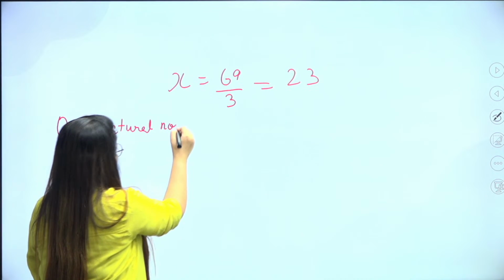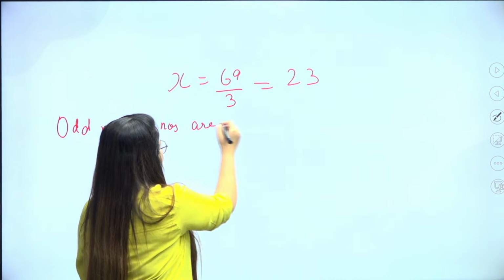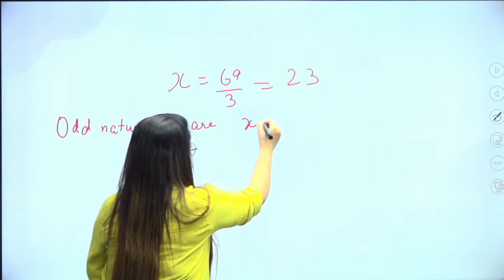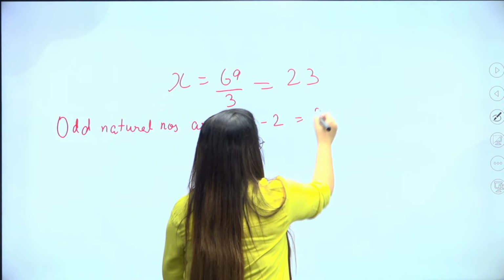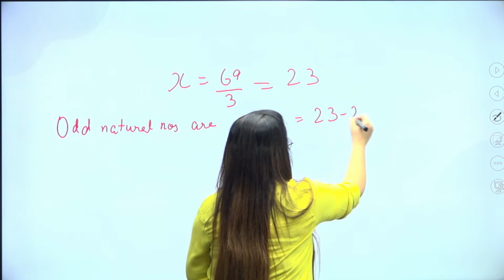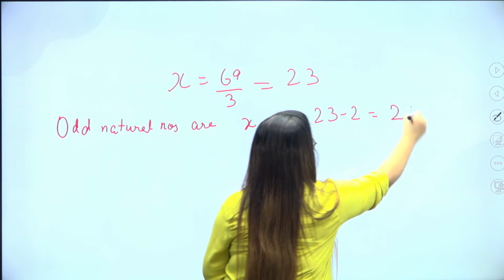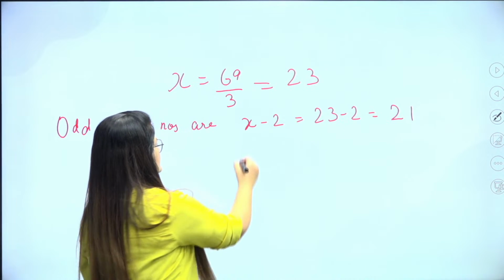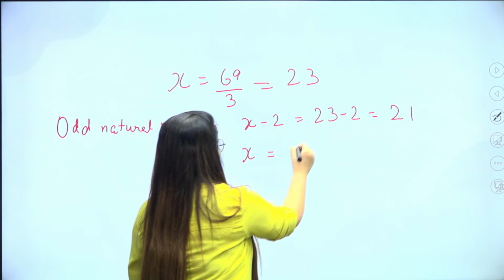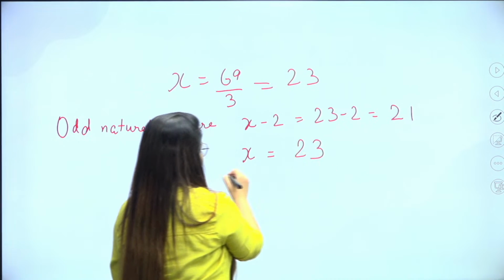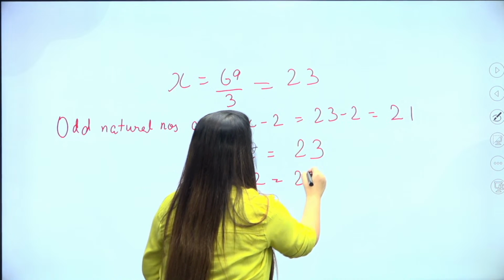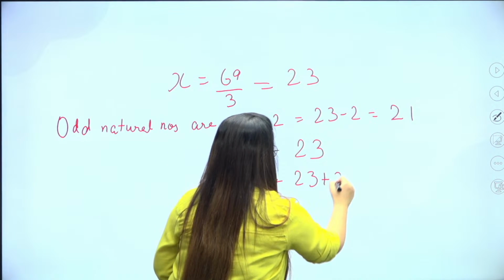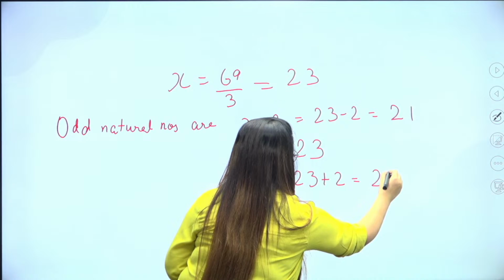Firstly it was x minus 2, that will be 23 minus 2, which is 21. The second one was x, which is 23 itself, and the third one was x plus 2, which is 23 plus 2, that is 25.